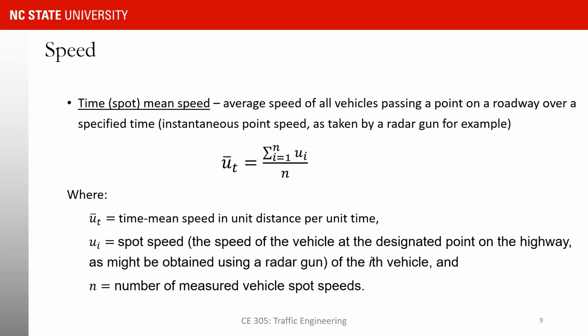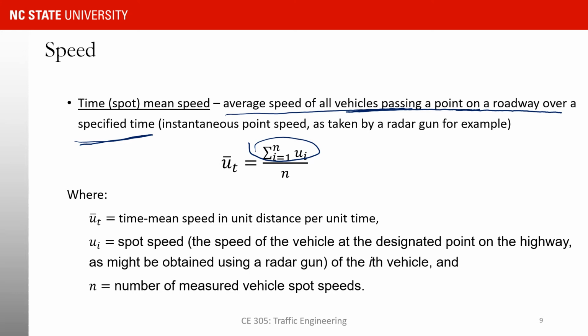So here you see the official definition of time mean speed or spot mean speed. This is the average speed of all vehicles that are passing a certain point on a road over a pre-specified time. So if you measure the speed of each vehicle as u, so you have u1, u2 up to un, if you add all of those and divide it by n, which is the total number of vehicles whose speed you measured, that is going to give you time mean speed.